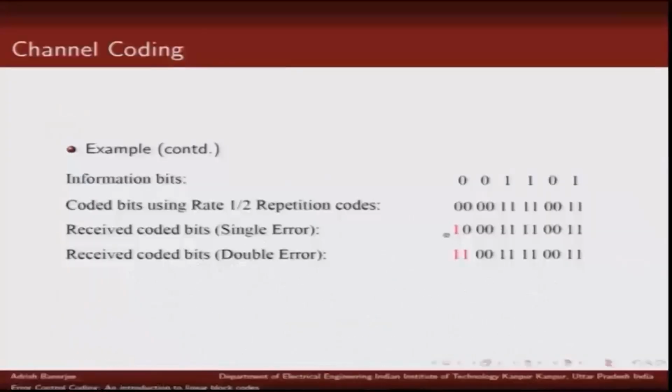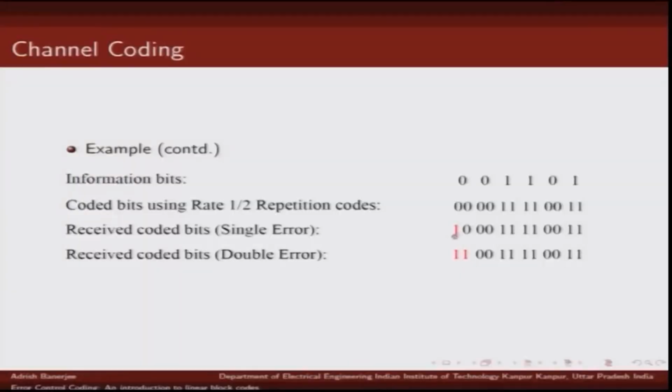So, let us look at this example when we had single error. Note here, what we received was 1 0. So, we were able to detect that there was an error, but can we correct it? No, we cannot. Why? It is equally likely that this 1 that we received was 0, or this 0 that we received was 1, if we are talking about a binary symmetric channel, right.